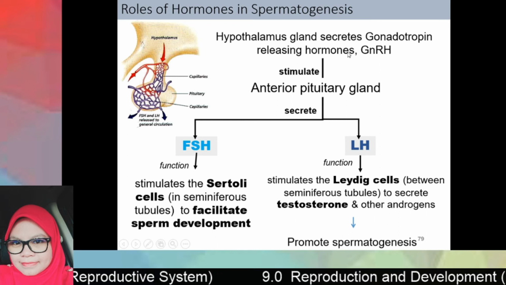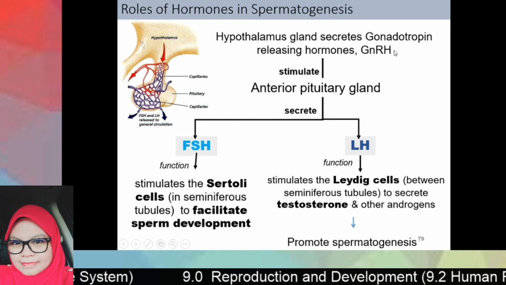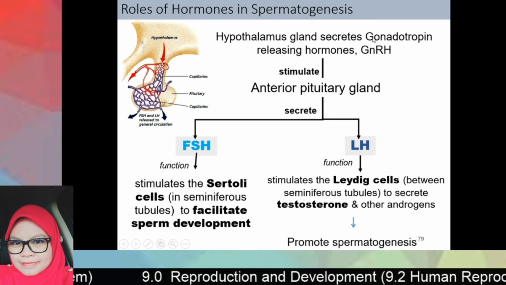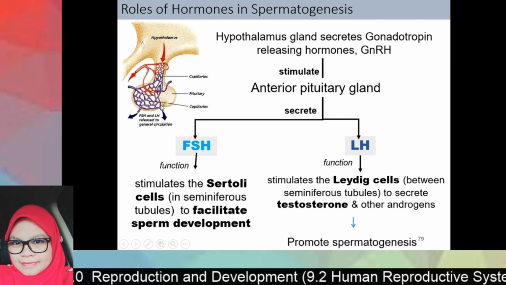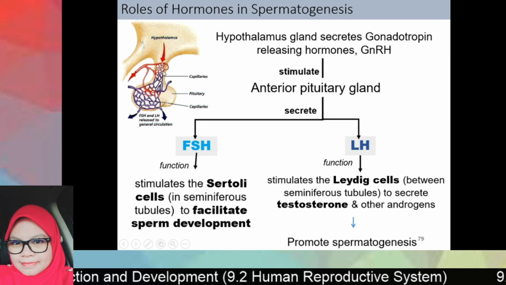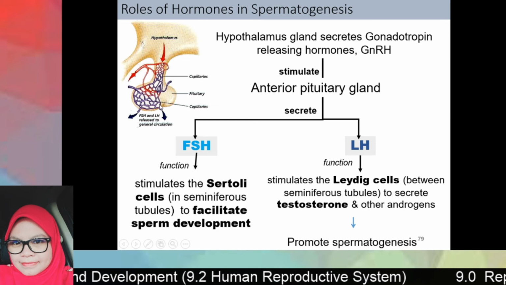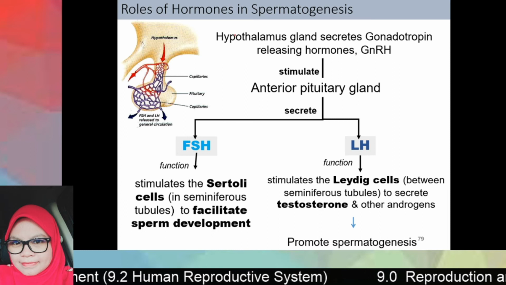Gonadotropin releasing hormone, or in short form GnRH. This hormone, GnRH, will stimulate our anterior pituitary gland. This is the hypothalamus. Then the released GnRH will stimulate the anterior pituitary gland to secrete two hormones.